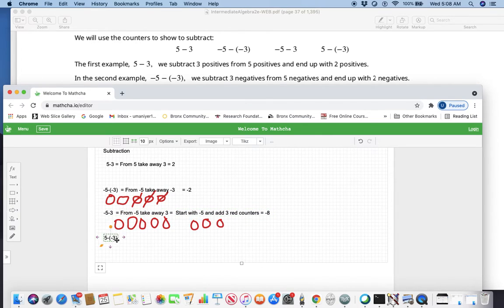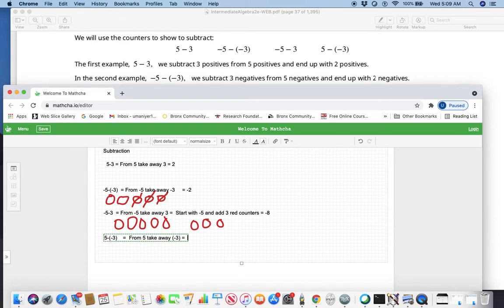Now here is another nice example. You are looking at 5 minus negative 3. What does this say? From 5, take away negative 3. So minus of negative 3, right?